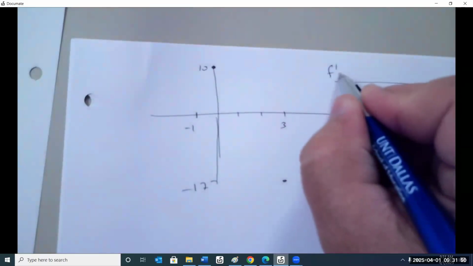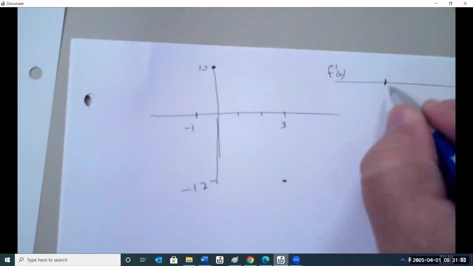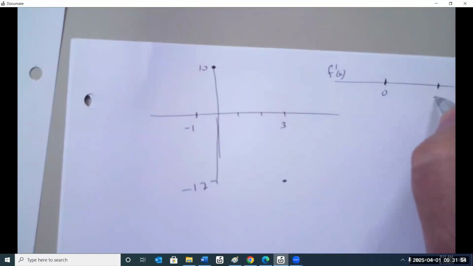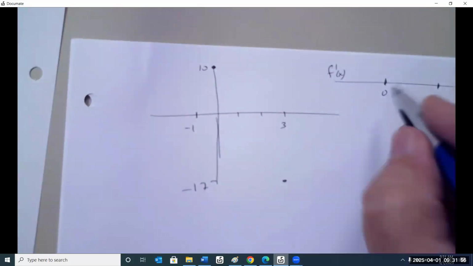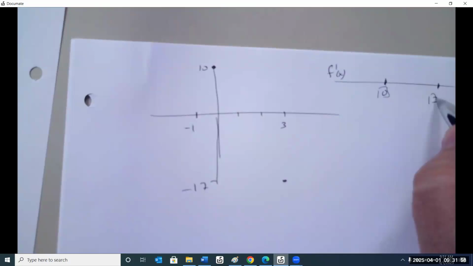So here's our first derivative. We're at 0 and 3.